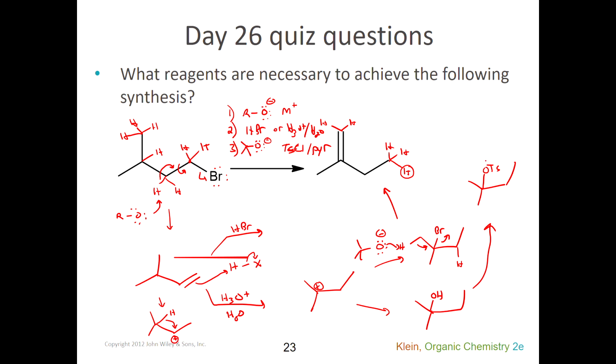Now that it's a good leaving group, then I can use, in the fourth step for this sequence, the tert-butoxide to make that leaving group leave. And again, pick off the proton that's more available sterically to complete the elimination and produce the pi bond at the site where I want it.